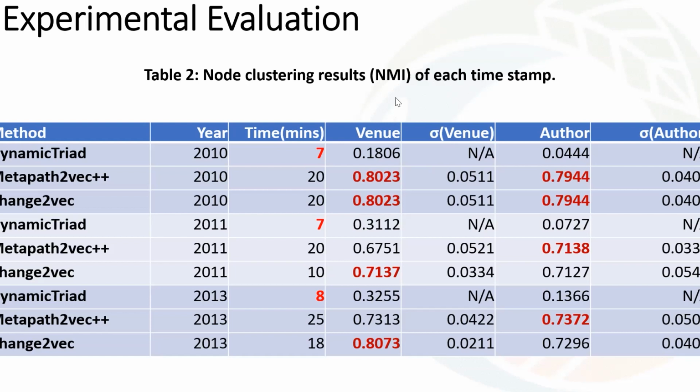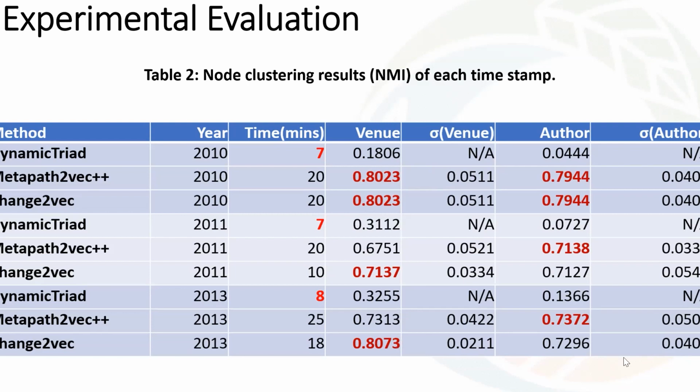NMI stands for normalized mutual information, and it's between 0 and 1. So the higher the number is, the more accurate the embedding vectors we've got. If we look at some numbers obtained by dynamic triad, they are very low. It's 0.1, 0.3 as compared to 0.7 or 0.8.